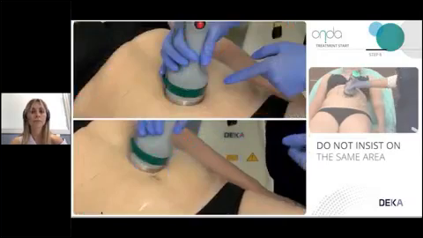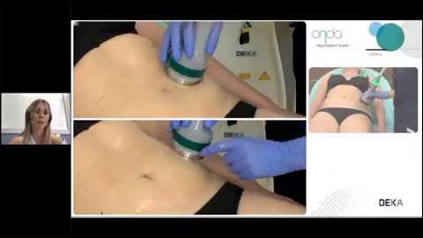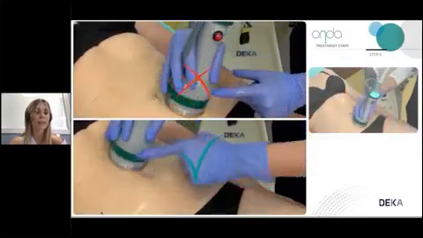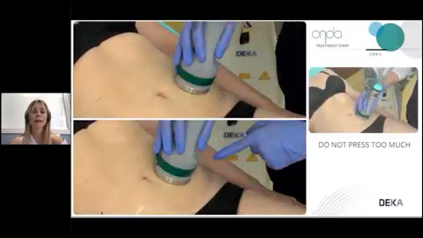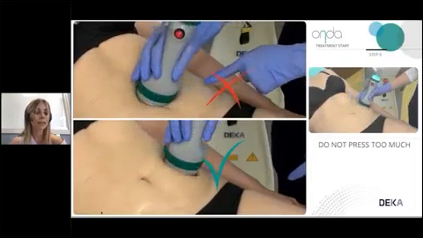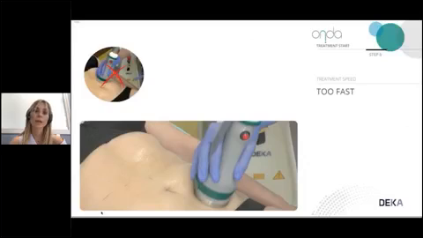and with a particular power. And it's important to avoid the bones, and it's important to avoid the belly button because this is a cavity, and the temperature in this area will increase very fast, but it's very difficult to cool it down. It's not necessary to go too fast.